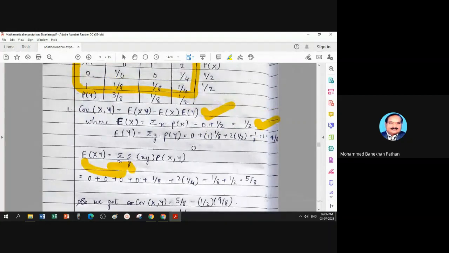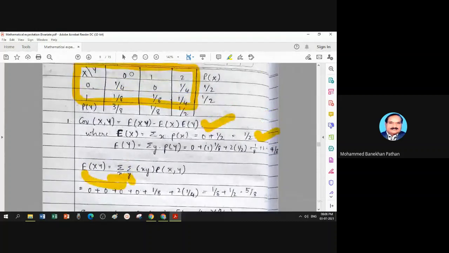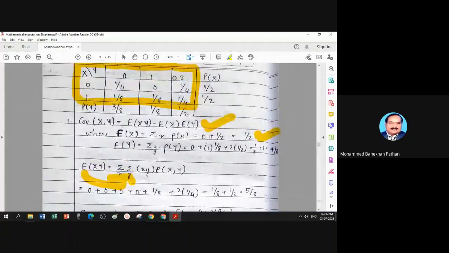X has two values, Y has three, so total calculations 2 multiply 3, 6 pairs. But it is a product. So X is 0, Y is 0, result is 0. X is 0, Y is 1, product is 0. X is 0, Y is 2, product is 0. So the first calculations become 0.